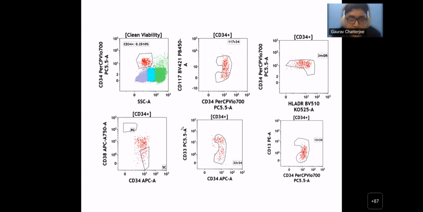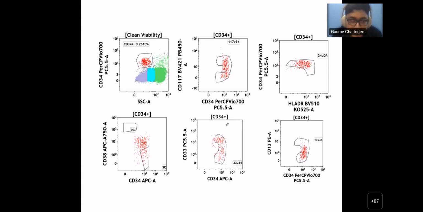So let's go to myeloid now. Shweta has already described how we look at normal and abnormal myeloid blasts. The gates that you see here are the boundaries of normal. Shweta showed you one normal case and one abnormal case side by side, so it is easy to understand.